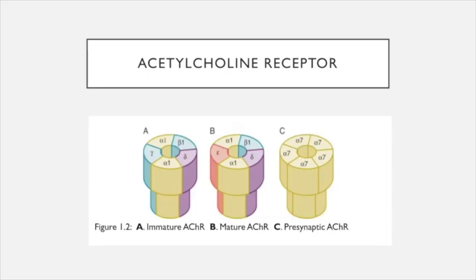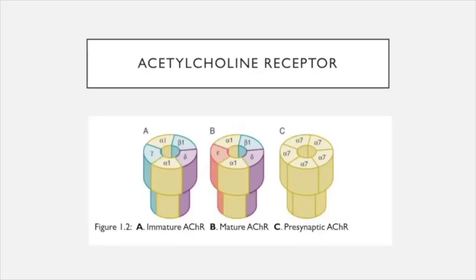That's why it's not advised to give succinylcholine routinely in the pediatric population, and also succinylcholine is contraindicated in patients who have critical illness, burns more than 24 hours, patients with spinal cord injury, and of course, patients who have documented high levels of potassium in their blood.